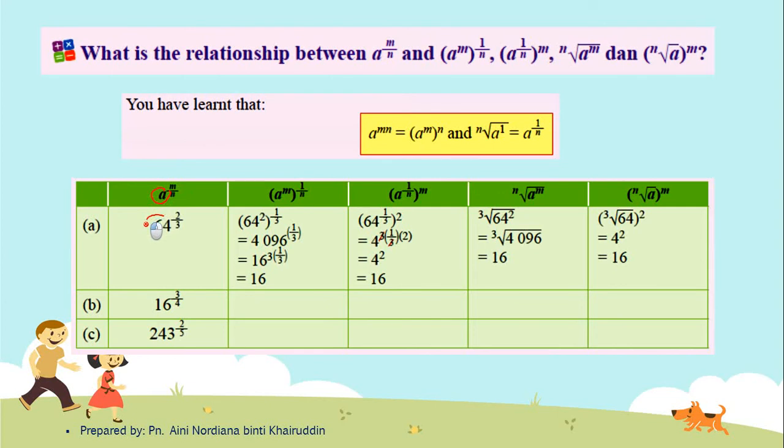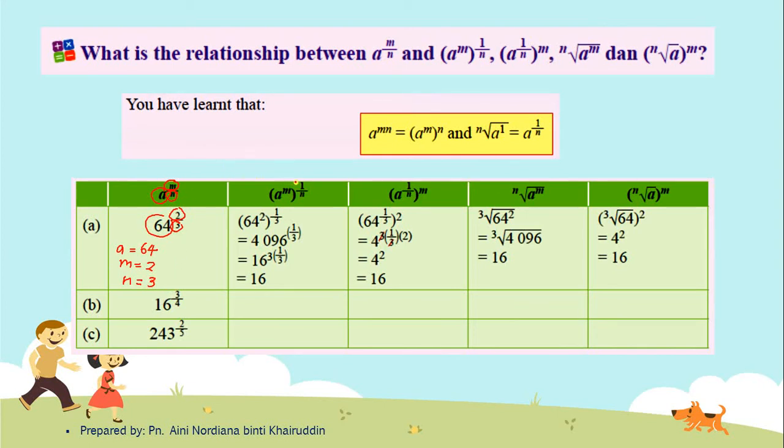A is 64. So A is 64. M here is 2. So M equals 2. N here is 3. So N equals 3.